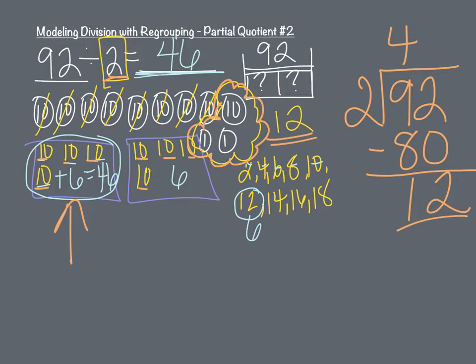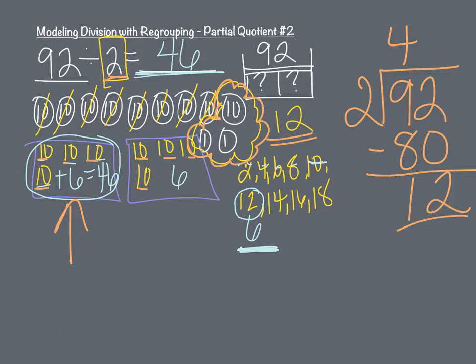Yes, the 12. So now my new dividend is 12, and we realize when we skip counted, how many times did the 2 go into the 12? Yes, that's right, 6 times, because when we skip counted, 1, 2, 3, 4, 5, 6.